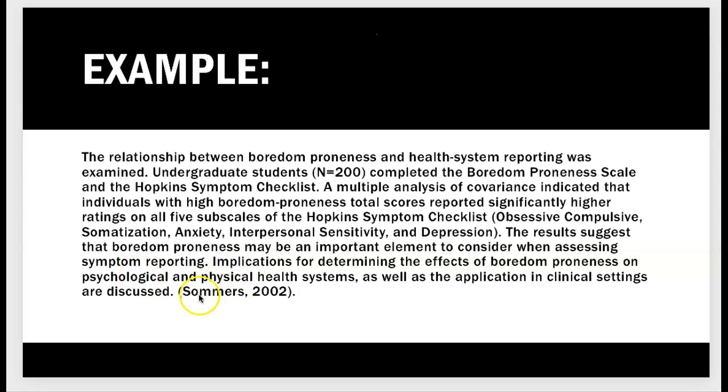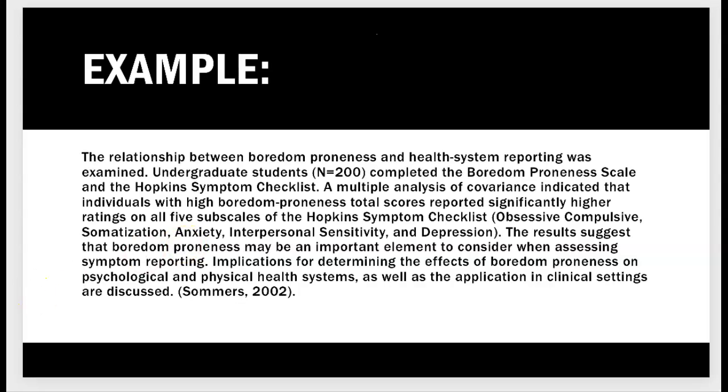They also say at the end that these conclusions will be discussed. And I did not write this. It's in your book on page 79 in the abstract section. But this is a good example of an informative abstract because it gives me a brief and concise overview of the research project or study that I have conducted or that this person has conducted.